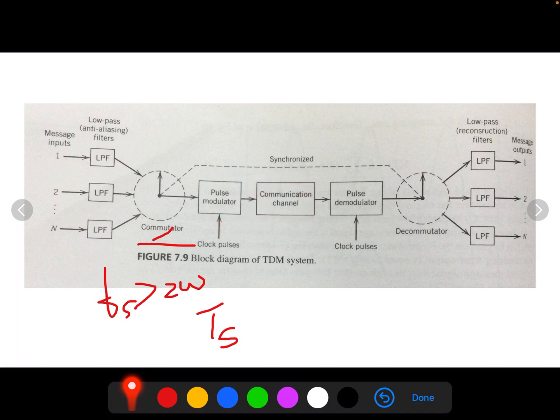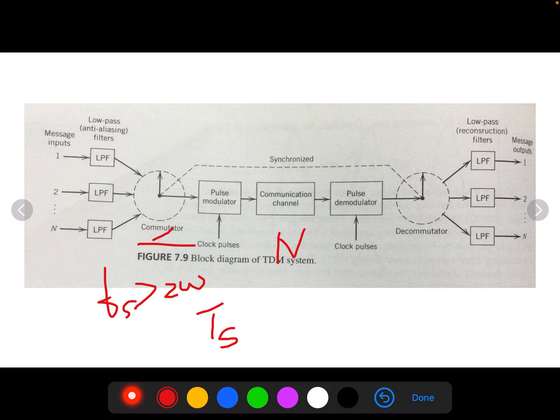So it is clear that the use of TDM introduces a bandwidth expansion by a factor n, because the scheme must squeeze n samples derived from n independent message sources into a time slot which is equal to one sampling interval.